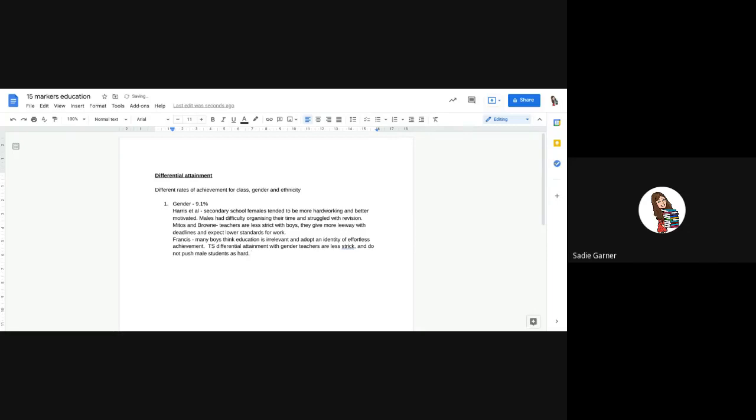You could alternatively say, well, this shows there's differential attainment with gender because there's an issue with effortless achievement with males, and females may, be careful with the language, may be more hardworking and motivated.